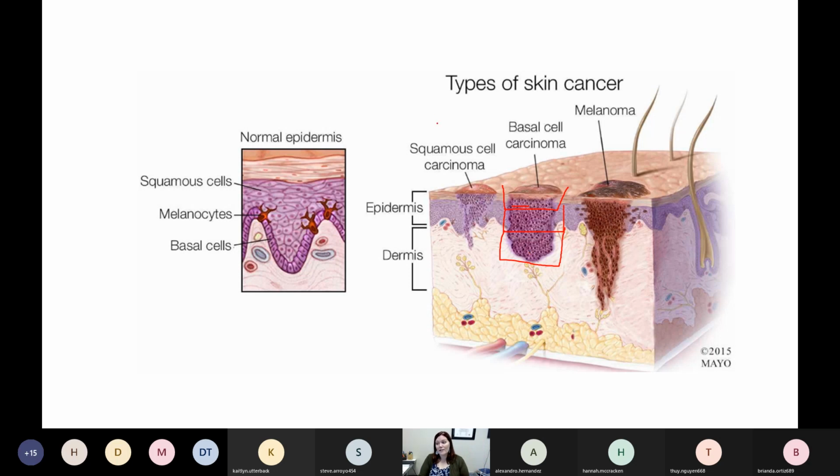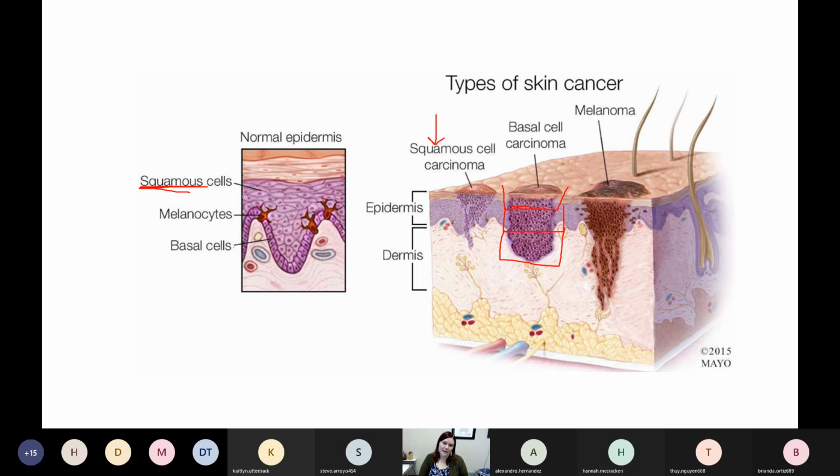It's harder for us to take out squamous cell carcinoma. Squamous cell carcinoma, the next most common kind of skin cancer, develops when one of my cells in stratum spinosum, one of my squamous cells, becomes cancerous.